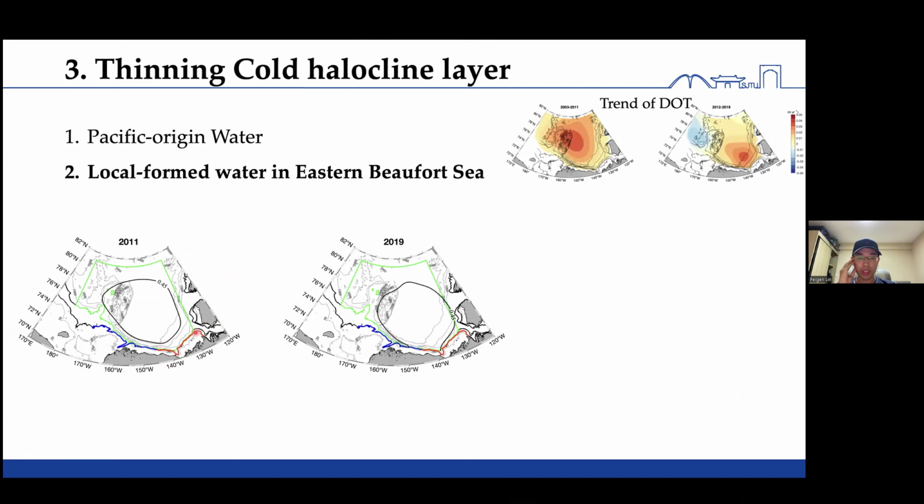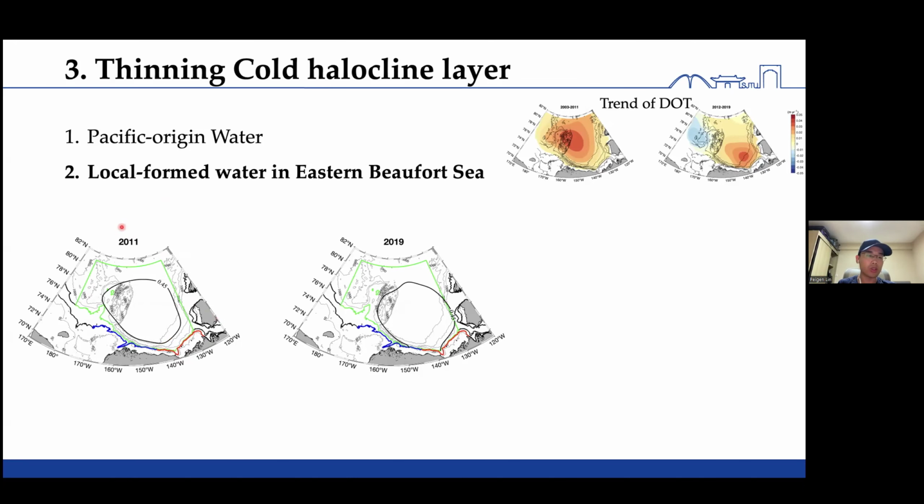To investigate that, we had two Lagrangian particle release experiments.